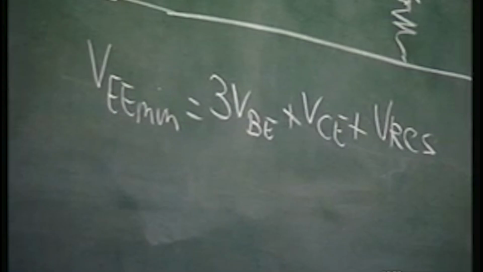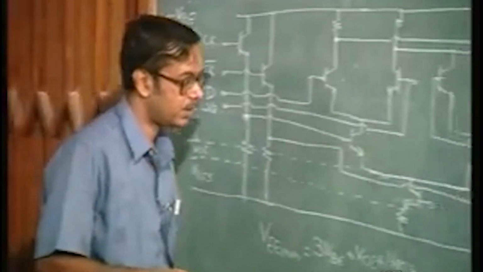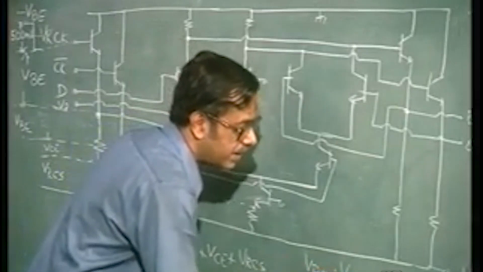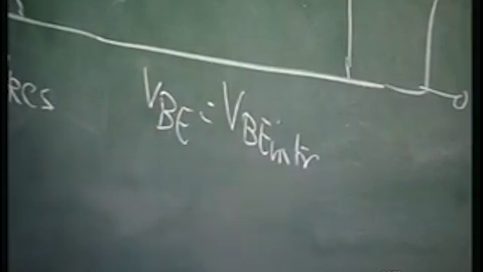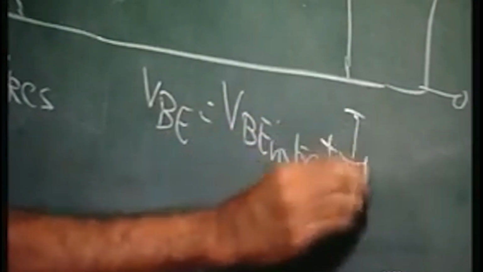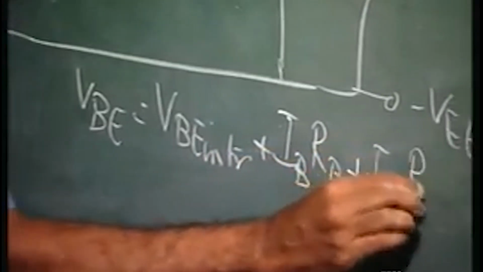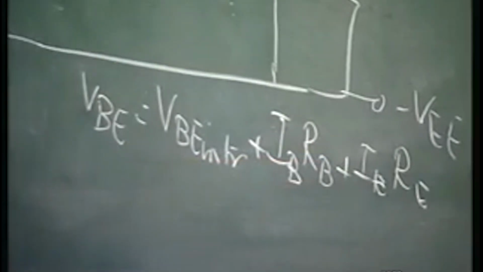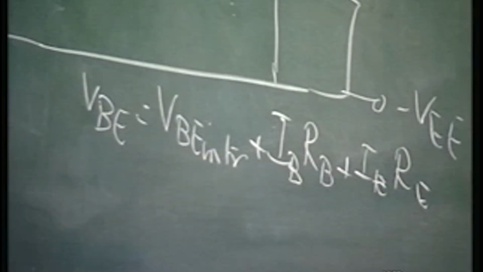Okay. All right. Now, for these circuits, VBE is actually given by, we can write VBE as VBE intrinsic, that is the intrinsic drop across the PN junction, plus IB RB plus IE RE. Okay. Now, these are the drops across the parasitic resistances.